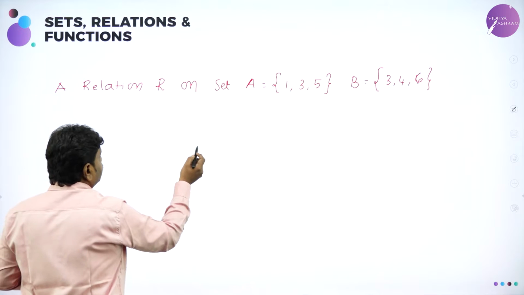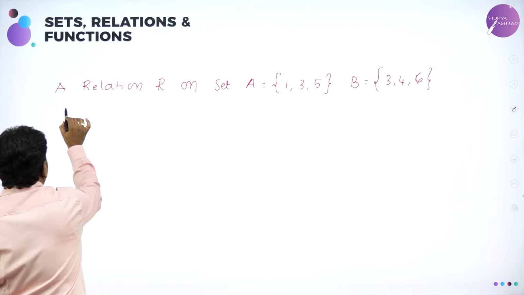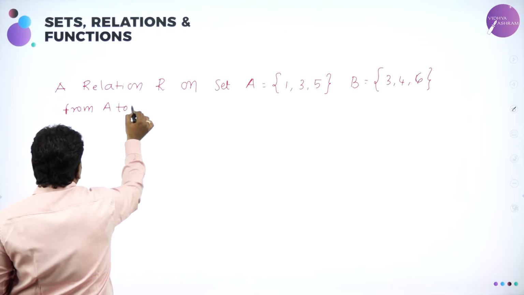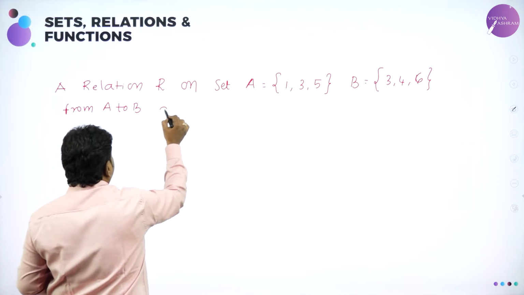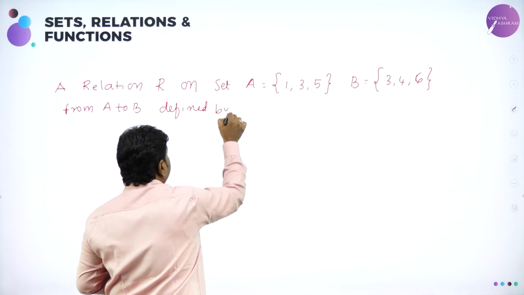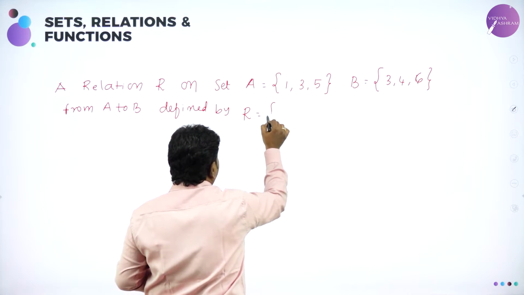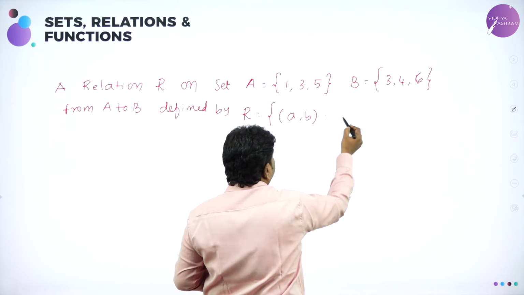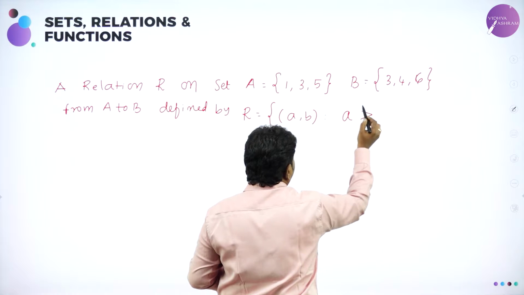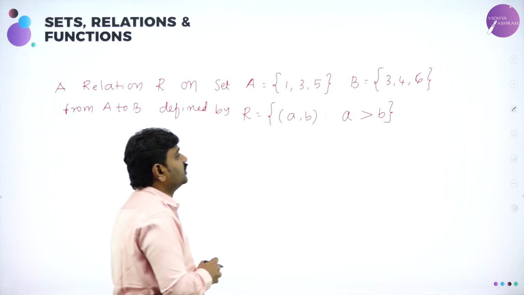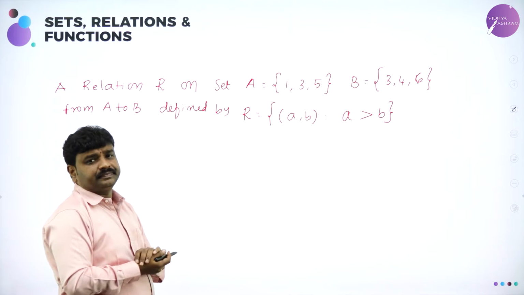On set A, a relation from A to B, from where to where? A to B, defined by, they will give the definition of the relation. The relation is defined by R is equal to the ordered pair (a, b) such that a is greater than b. What is the relation? a is greater than b.